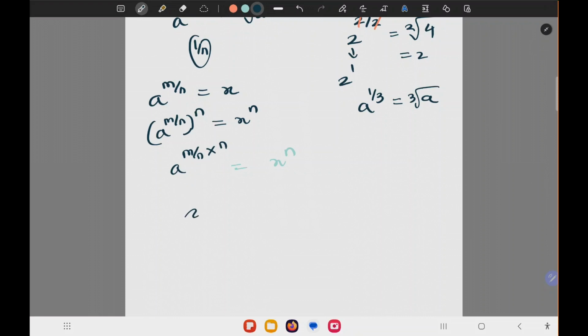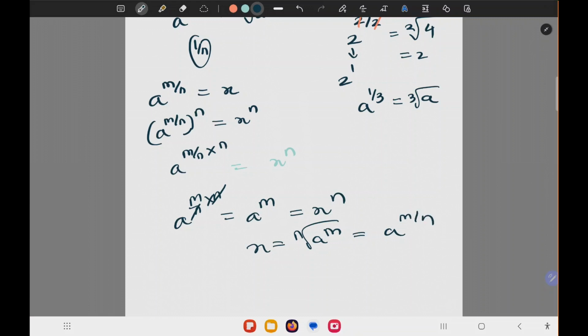But then this is equal to a to the power m by n times n, and this cancels out. So this is equal to a to the power m, which is equal to x to the power n. So again, if you take the nth root, x should be equal to the nth root of a to the power m. And what was x? x was equal to a to the power m by n. And that is the final law.